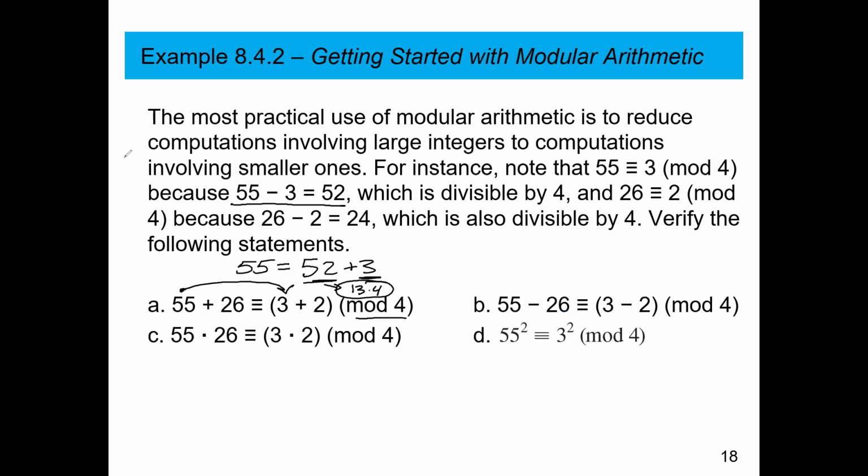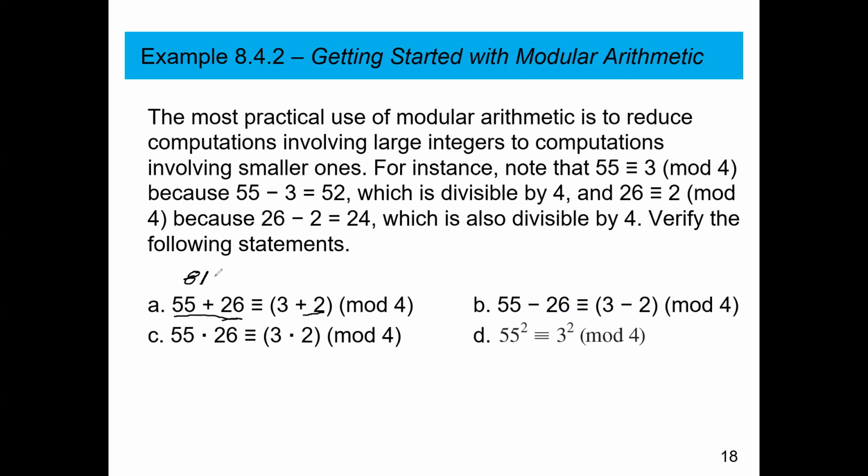Because we've established that 55 is congruent to 3 mod 4, the 55 becomes 3. And 26 is 24 plus 2 more. This is where knowing your multiples really helps you out. So 26 becomes 2. Then this just gives me 5 mod 4. On the other hand, if I did this side over here and added these together, that would have given me 81, because 55 plus 26 is 81.